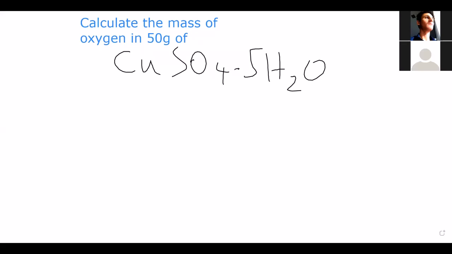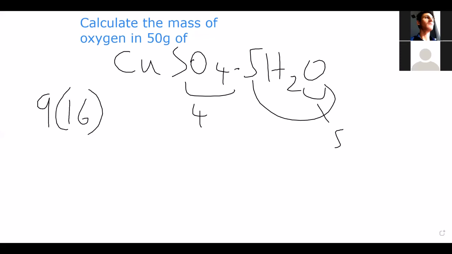Now the AR of oxygen in this will be 4 plus. In this compound there are 4 oxygen over here and 5 oxygen over here, because 5 into 1 is 5. So the AR of oxygen will be 9 times 16, while the MR of the whole compound is 250 as we found in the last question.